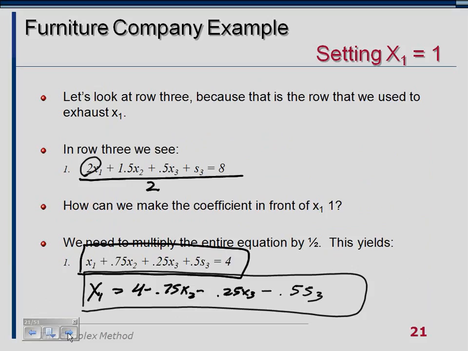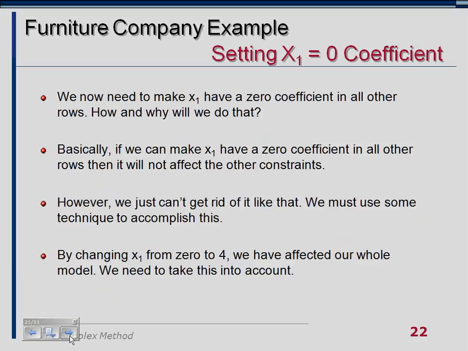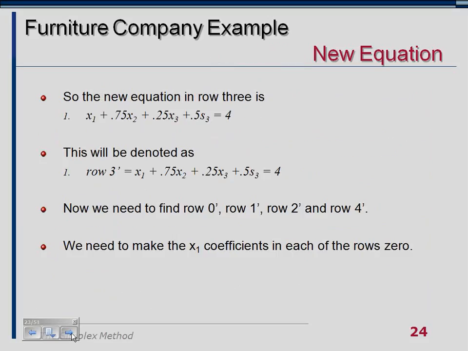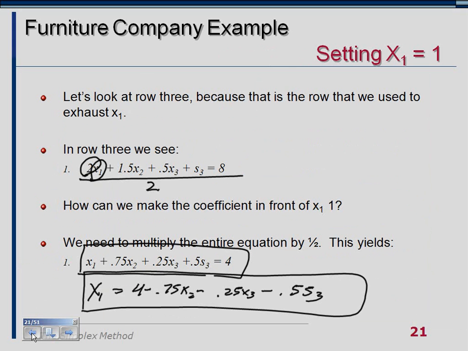All right. Now how do we get rid of x1 in all these other equations? And how would we do that? Well, what we would simply do is we would go in and take this guy right here, and every time we saw an x1, we'd just sub him in.